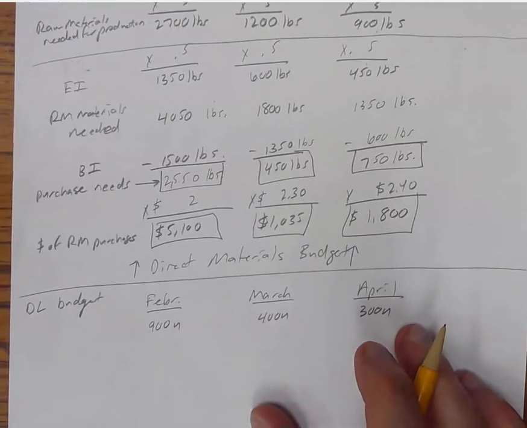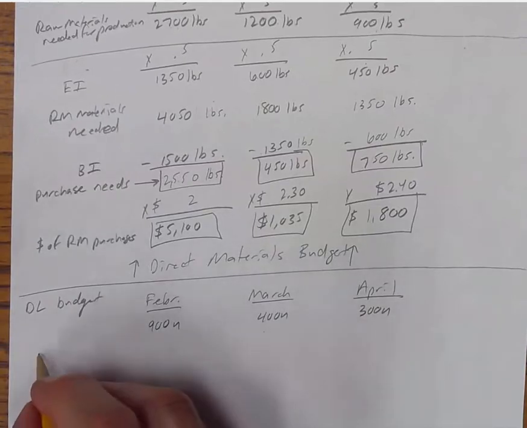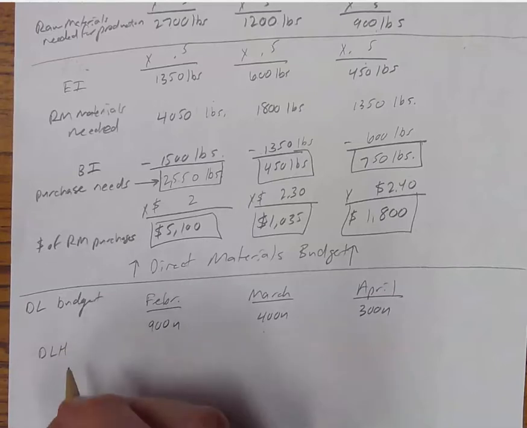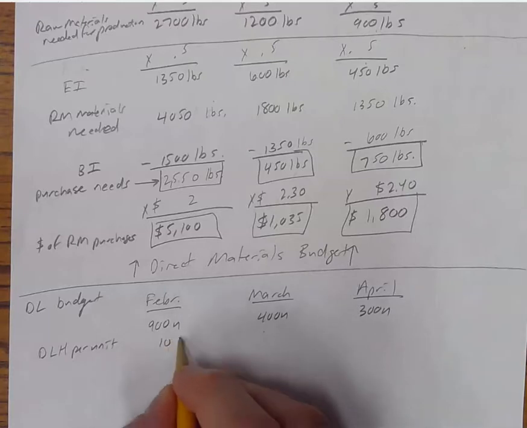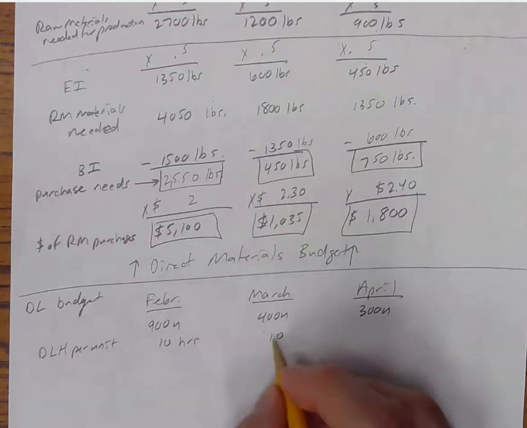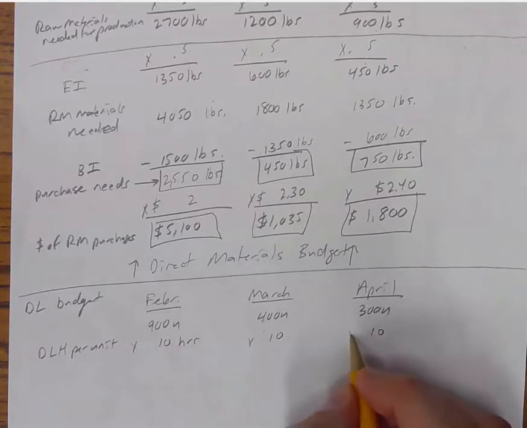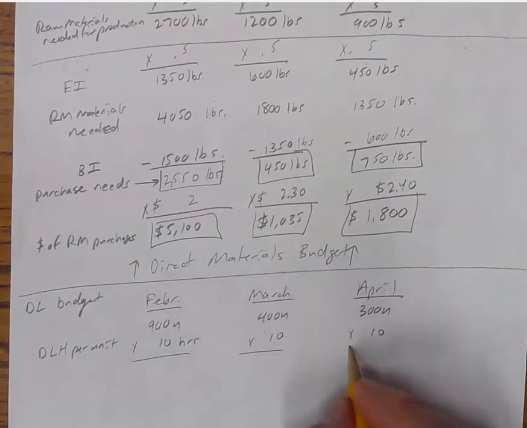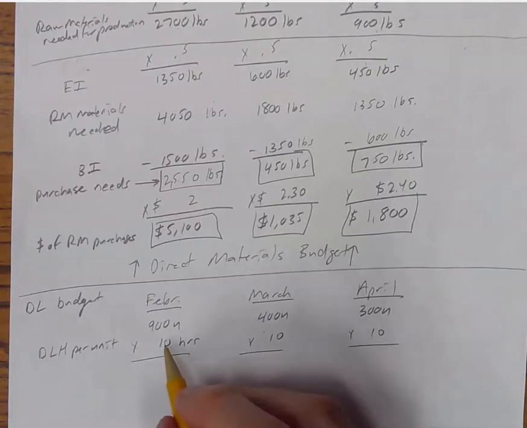Okay, and we know that the direct labor hours per unit equals 10 hours. They gave us that in the question. So all we have to do is just multiply by 10.